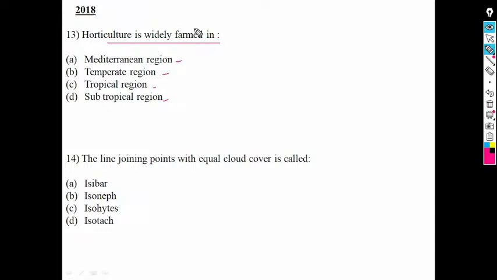Horticulture is mainly farmed in the basically famous Mediterranean region, where horticulture is widely practiced.